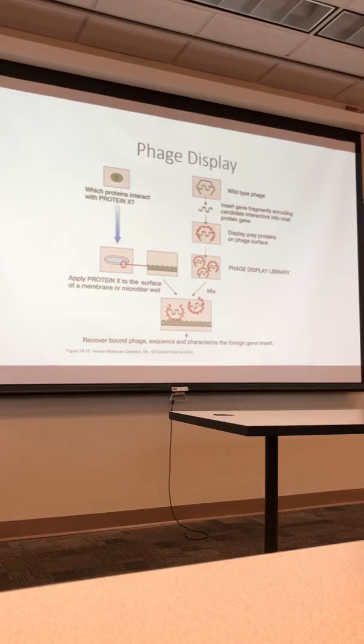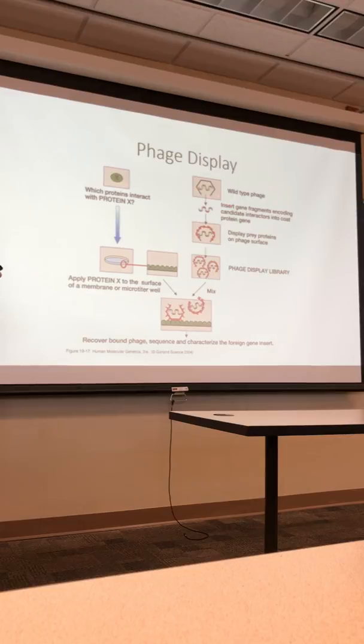Another one that's used, they call it an in vivo in your book, is for when we want to know which protein interacts with protein X, let's say. You can take protein X out of the cell and put it on a surface. We want to know what interacts with this protein.